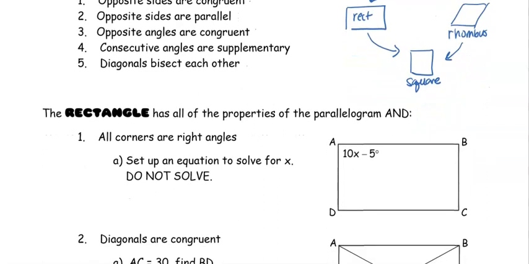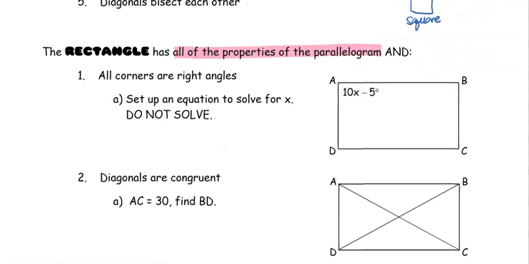So when we get down to the rectangle, remember what we just said, it has all of the properties of the parallelogram, and we're going to have 2 additional properties. The first new property is that all corners are going to be right angles. A right angle means that our angle is going to be 90 degrees.